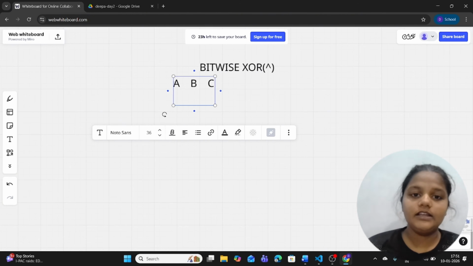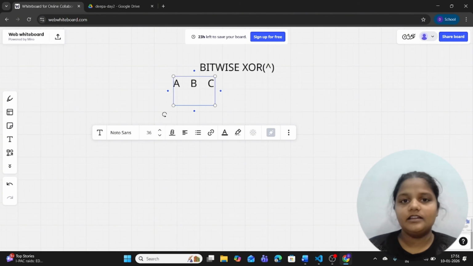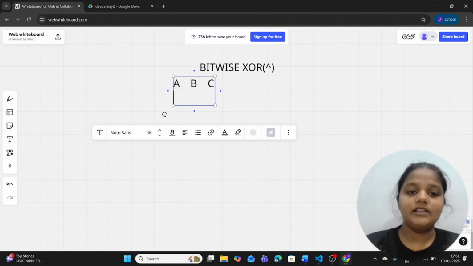If both bits are the same, it will not give the true value. It only gives true when the two bits are different, right?